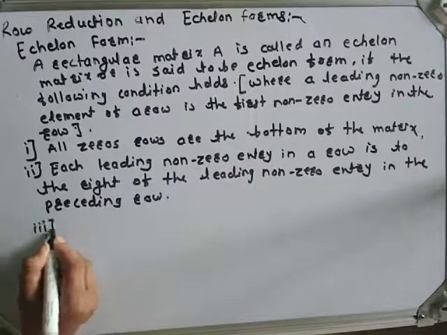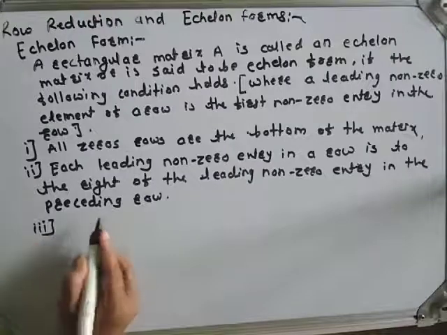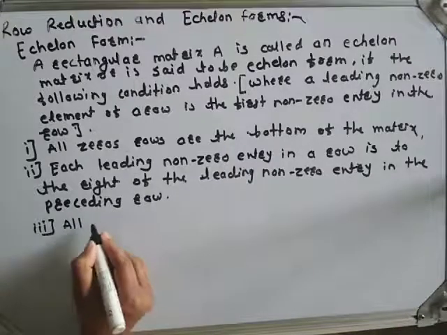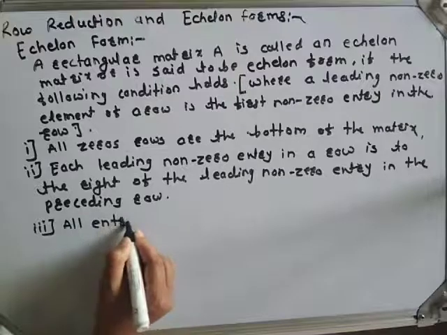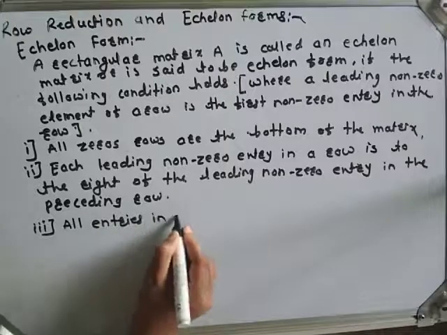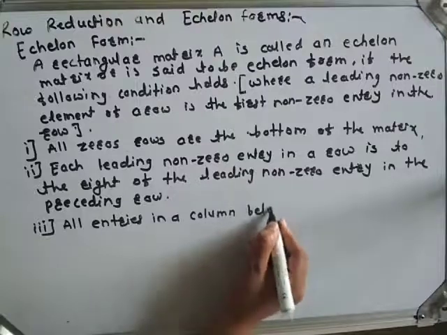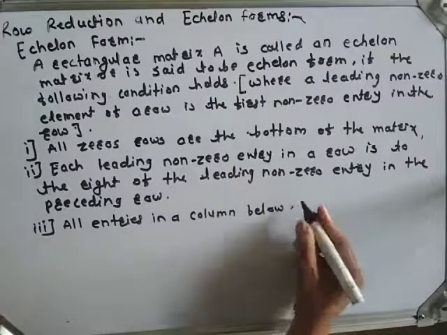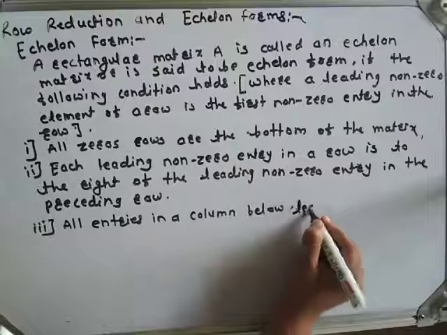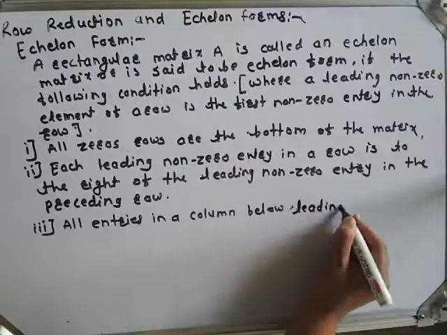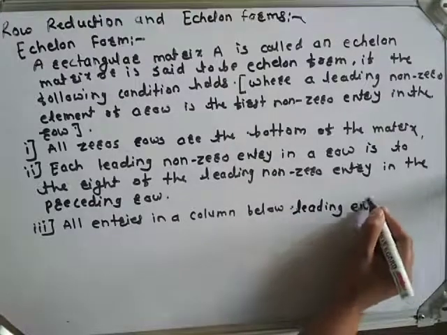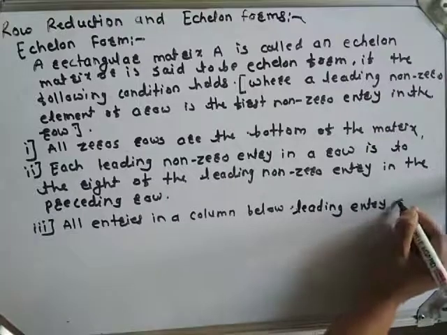Third one is all entries in a column below a leading entry are zero.